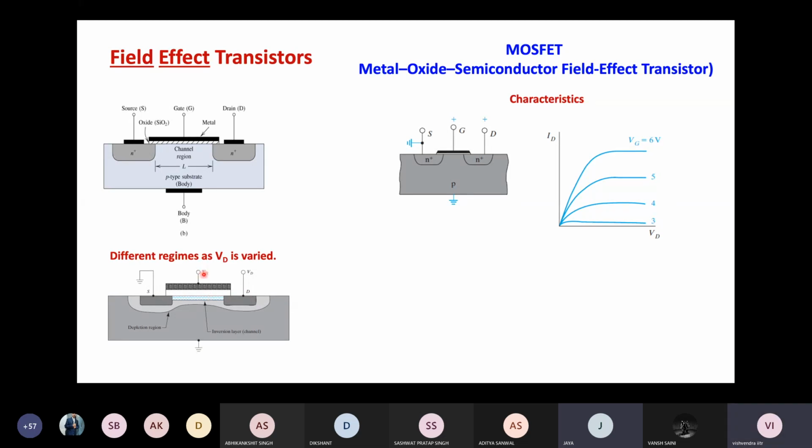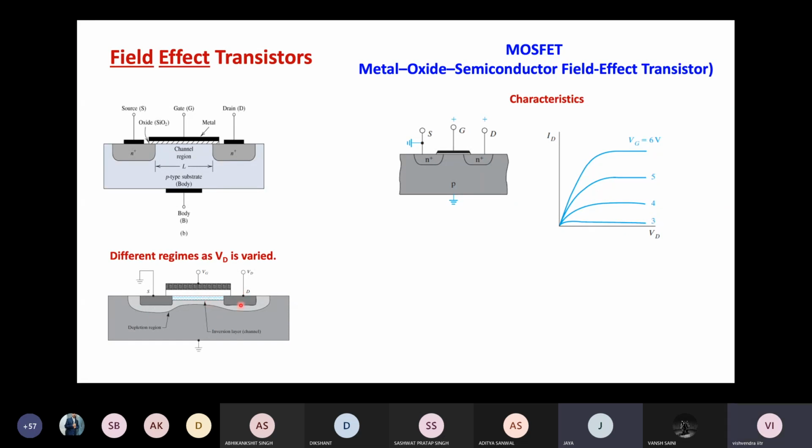On the other hand, if the gate voltage is negative, instead of electrons, the negative voltage on the gate terminal will attract holes, and again there will be no current because this will try to pump electrons here, they will recombine with the holes, and current will not be there.